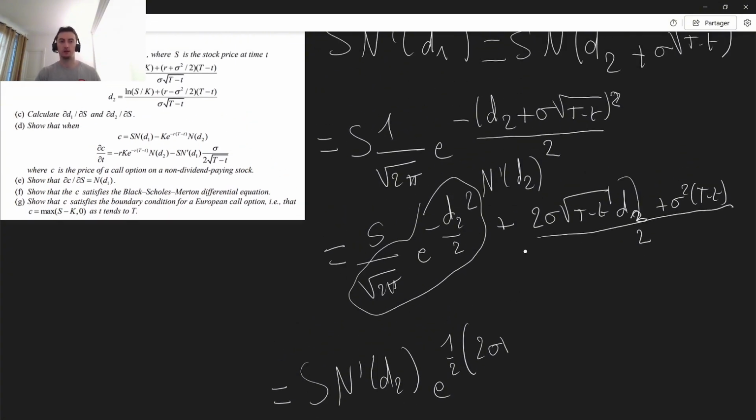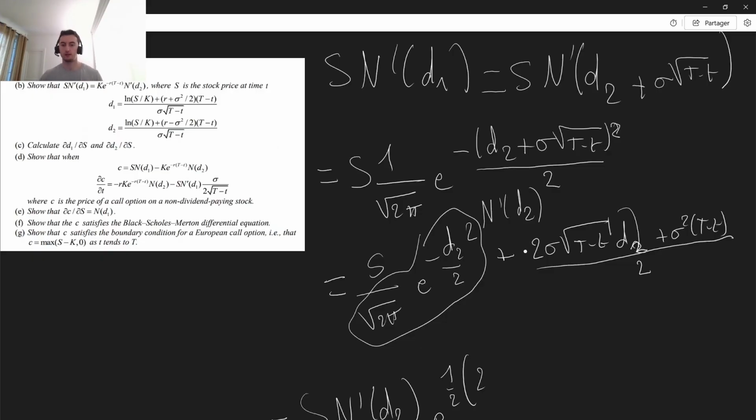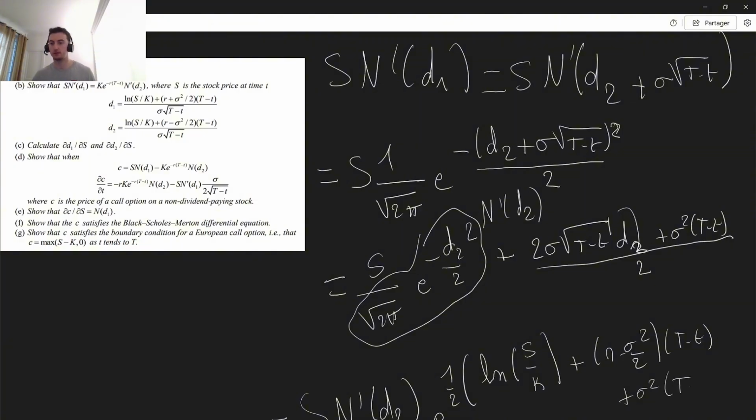But d2, we remind the equation here, is divided by 2, so the 2 cancels, and the sigma square root of T minus t can cancel also. So we have ln of s over k, and everything else cancels out, plus r minus sigma squared over 2 times T minus t, plus sigma squared over 2, plus sigma squared T minus t. But yeah, you see where it's going.